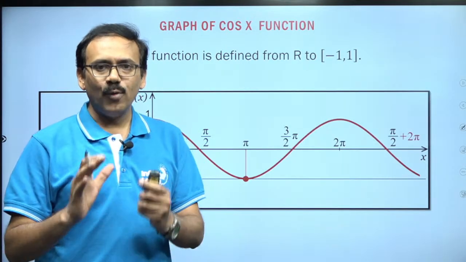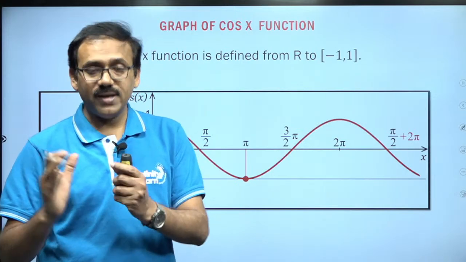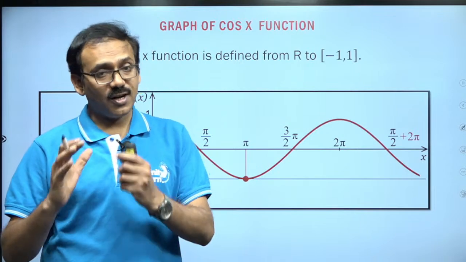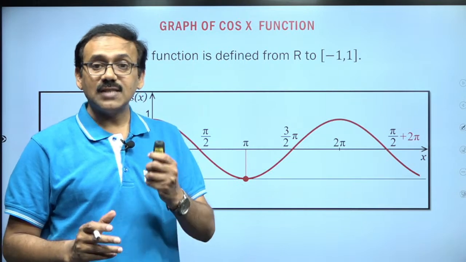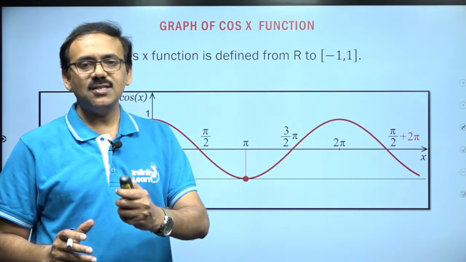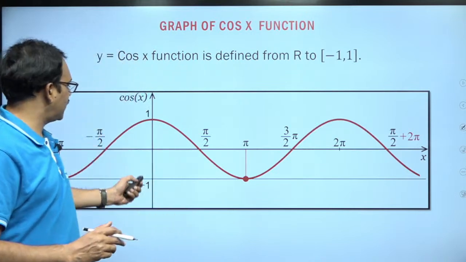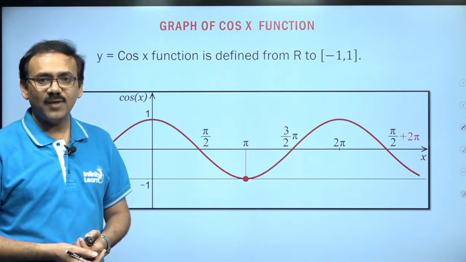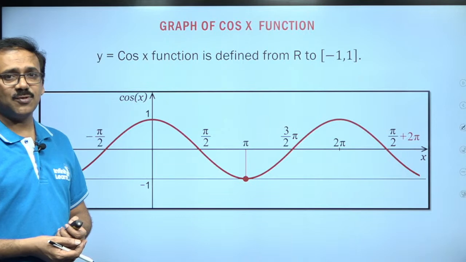Similarities: both have the domain R, both have the range closed interval minus 1 to 1, both are smooth curves, both are continuous curves. At the same time, the difference is that the sin x graph passes through the origin, whereas for the cos x function, cos 0 is 1. That is the major difference, otherwise almost the same, isn't it, dear students?